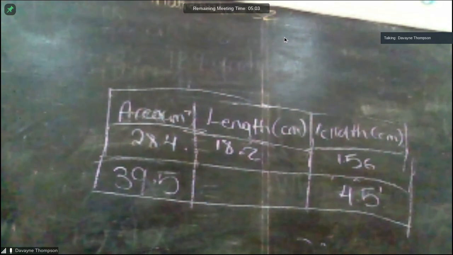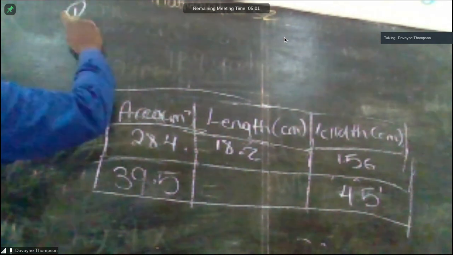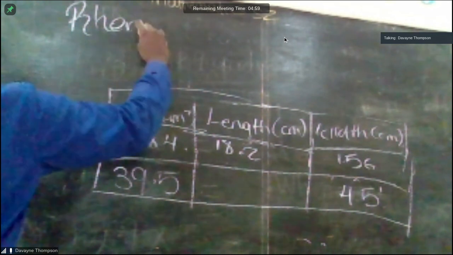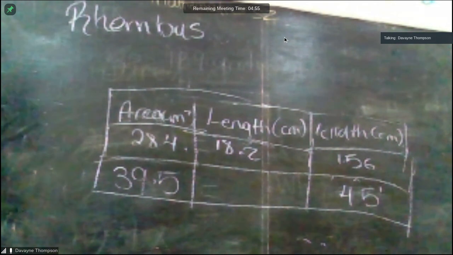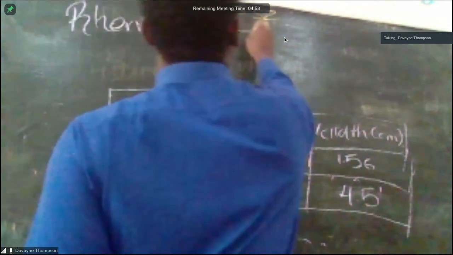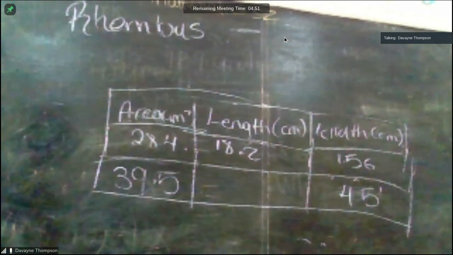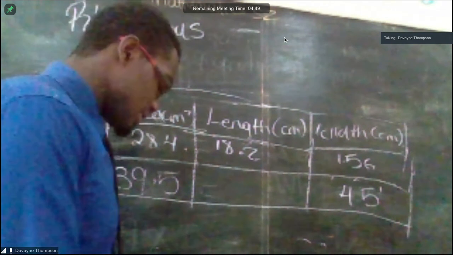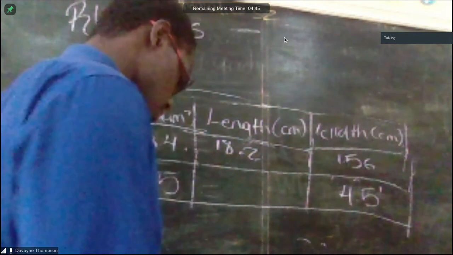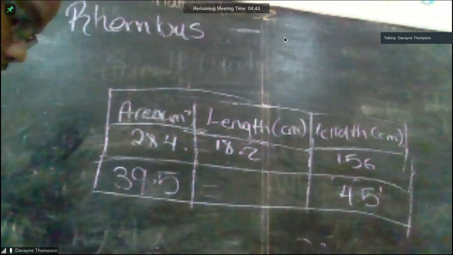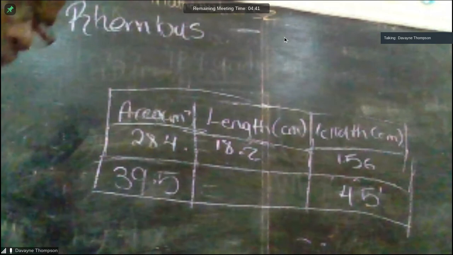So, rhombus. Let's look back on rhombus. That's the first shape we're looking back over. When you look at a rhombus, let me give you a sketch of a rhombus. This can be found on page 277. There you go.